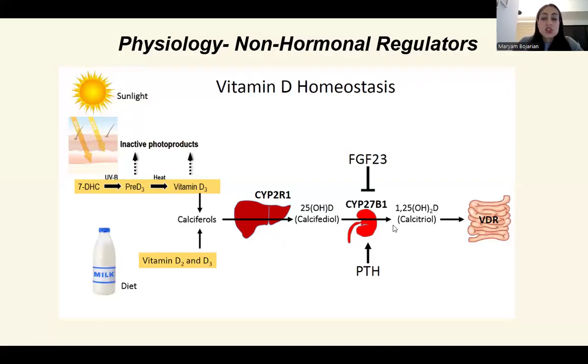It can also change the FGF23 signaling pathway. Medications like loop diuretics, thiazide, and bisphosphonates can change calcium balance in our body and also acid-base balance as well. We'll talk about the effect of acid in future slides.